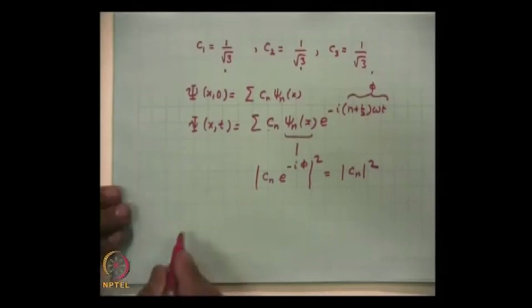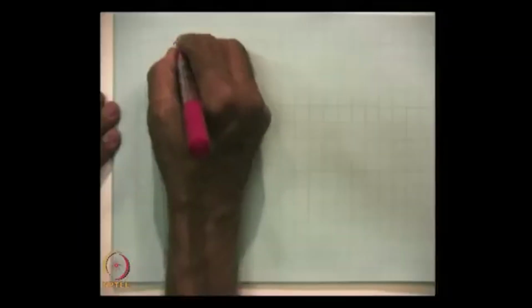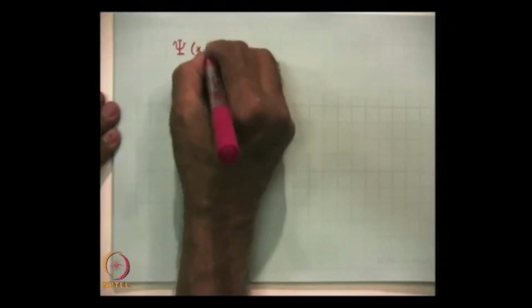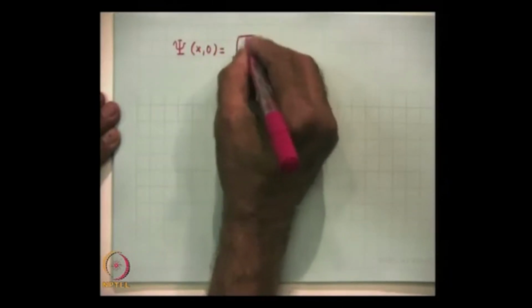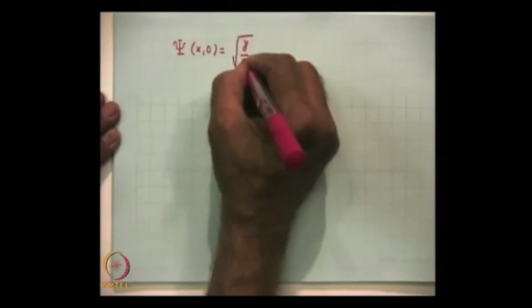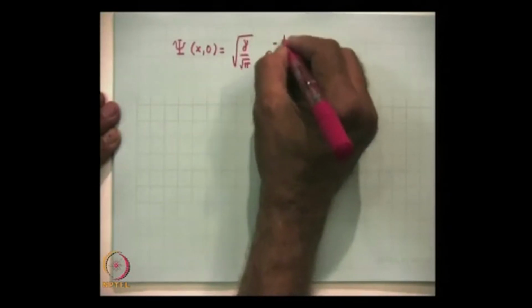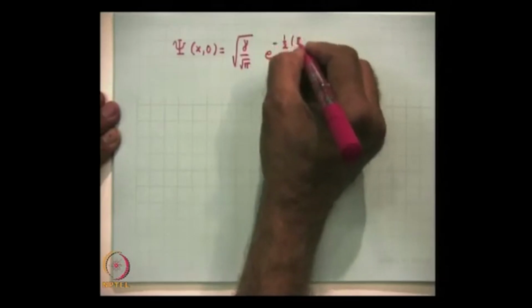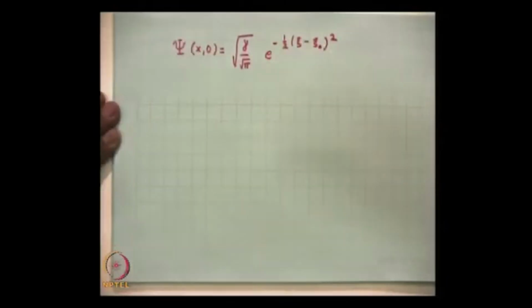Now, let us suppose that I choose a system, I have my initial oscillator in this state, that psi of x comma 0 is equal to, say, this is a normalized function, root of gamma by root pi e to the power of minus half (xi minus xi 0) whole square.